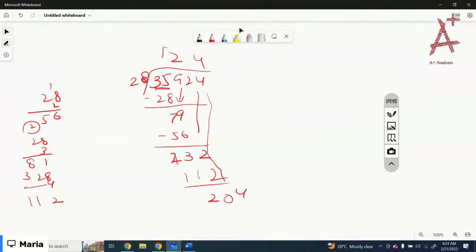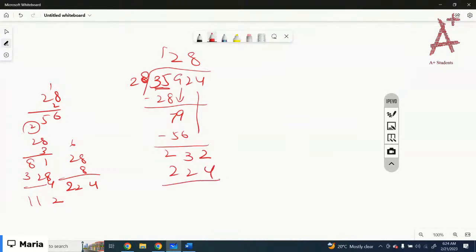Got it? Here you have 232. Okay, here you have 222. So we can go for 28 times 8. 8 times 8 is 64, 8 times 2 is 16, plus 6 is 22. It would be 224. So 28 times 8 is 224. Now bring the last digit down. That would be 4.